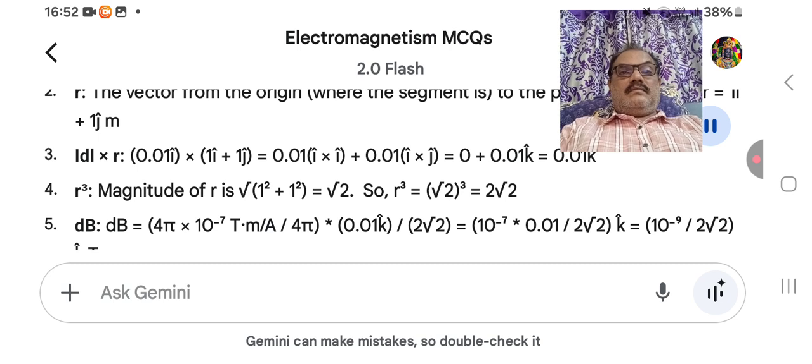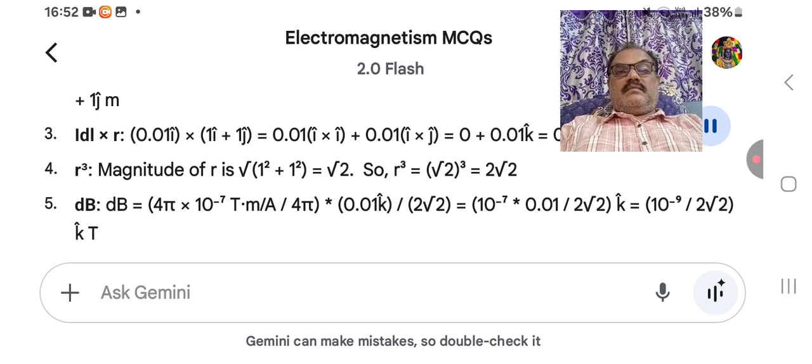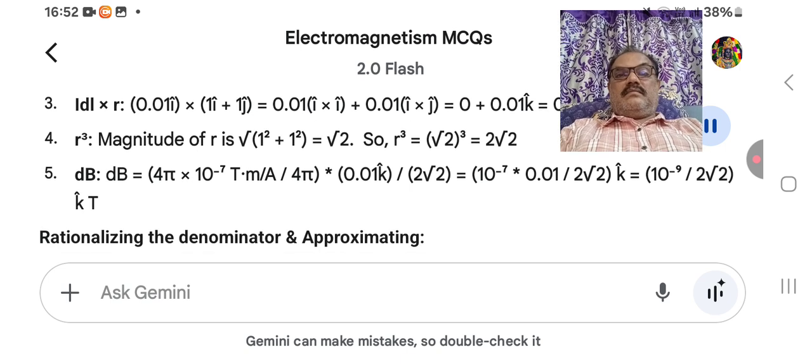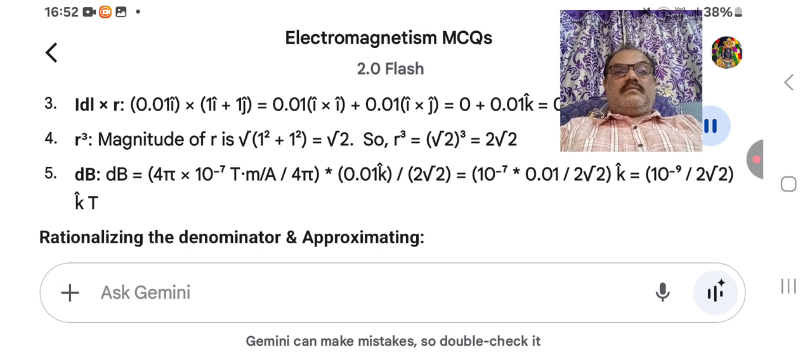5. dB equals 4 pi times 10 to the power of minus 7 T·m/A over 4 pi times 0.01 k over 2 square root 2, which equals 10 to the power of minus 7 times 0.01 over 2 square root 2 k, equals 10 to the power of minus 9 over 2 square root 2 k tesla.